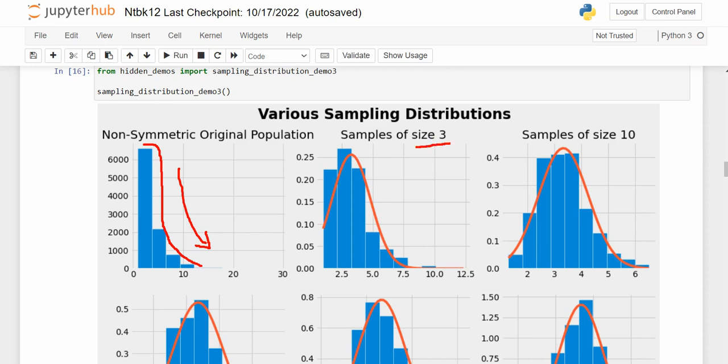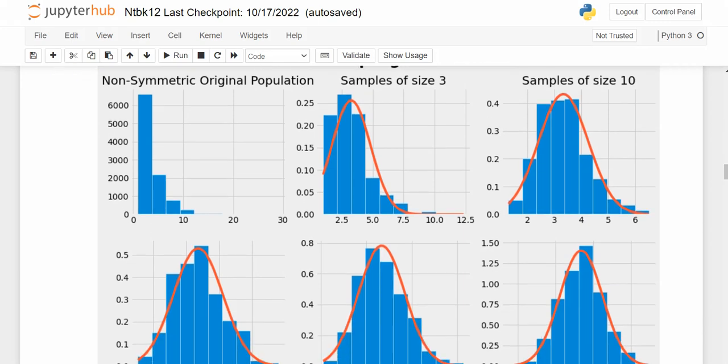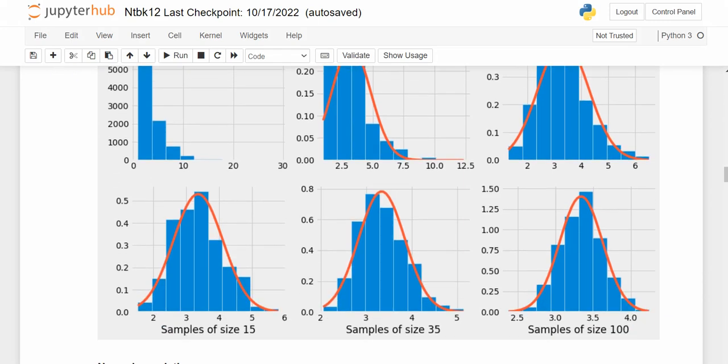And again, even at size 3, we're starting to see a bell shape emerge. It's cut off here on the left. It's not fully formed, but you'll notice the same thing. And this is the demonstration of the law of large numbers. Again, when I get to these larger samples, now here I'm getting a little bigger, right?